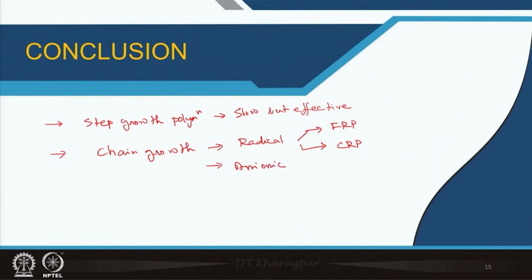But as the summary, what I want to tell is that in chain growth polymerization we can make high molecular weight polymers, where different initiators are involved, where the polymerization rate is quite high, and it is a very useful method to get versatile polymers.